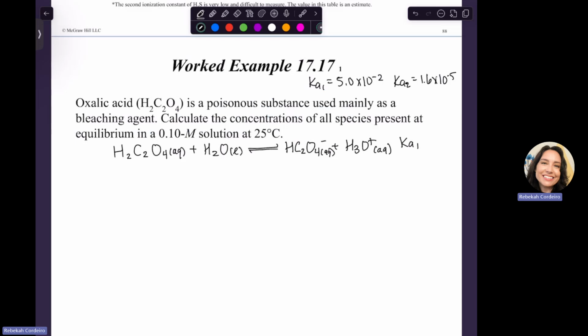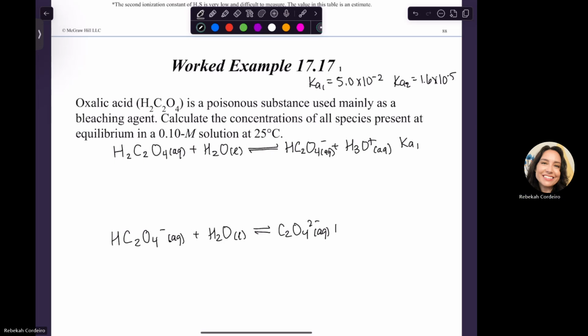I'm going to leave some space here because I'm going to show you how we can calculate this. So then we take the second one, HC2O4 minus, react it with our water, and we make C2O4 2 minus and another hydronium.